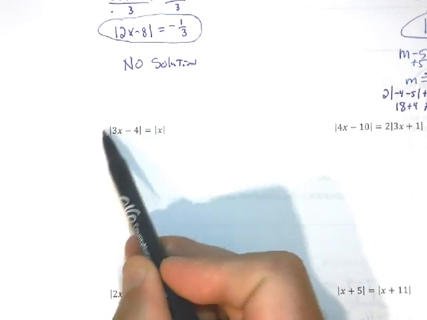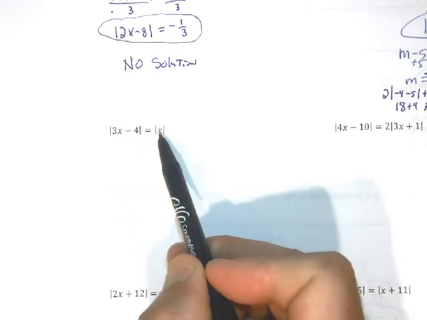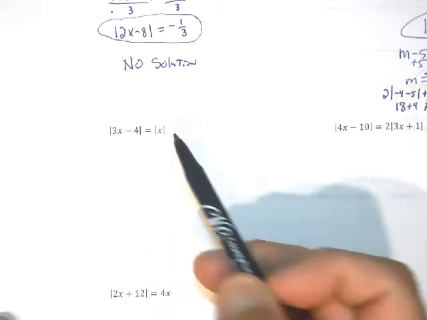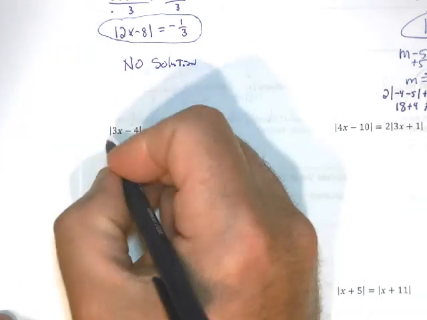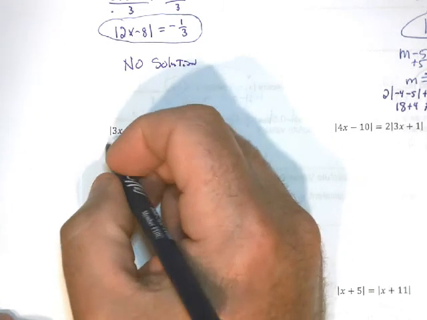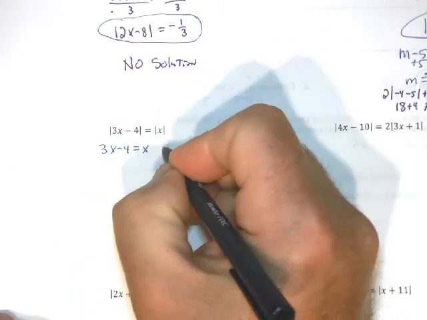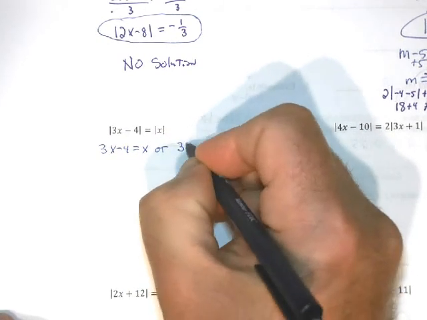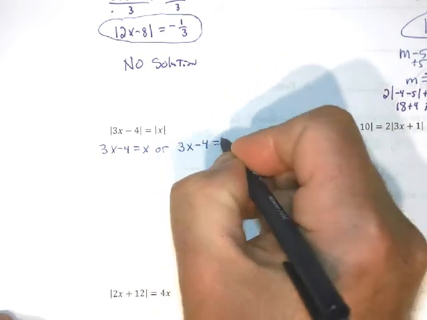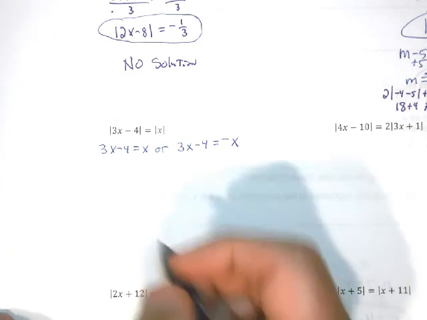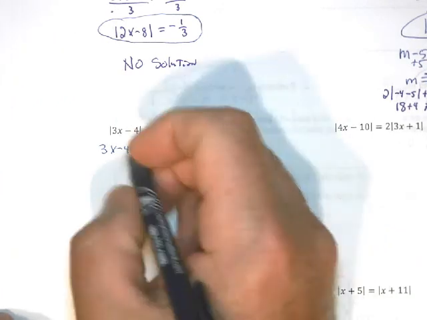We treat this just the same like we have before, where we have this is all absolute values on the left side, so we let it equal to a positive or negative of the right side. So starting out simple, we can jump right into our equations. So we have 3x minus 4 equals x, or 3x minus 4 equals a minus x. So again, we can jump right into that. Go through and solve them for x's now.